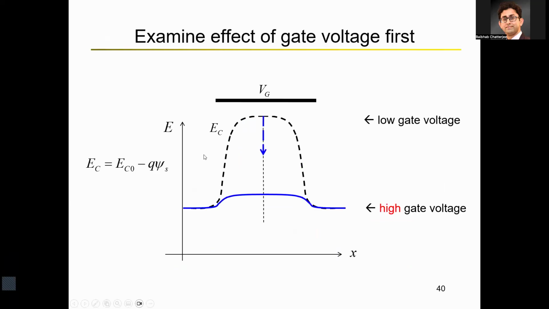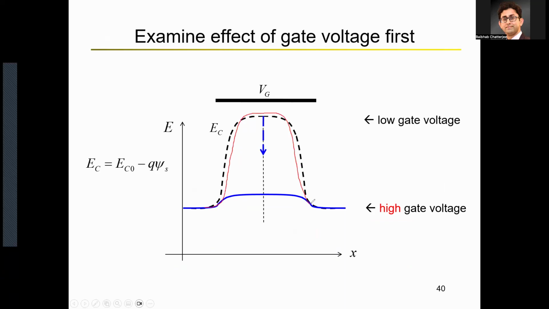Initially you had something like a high boundary wall, and then that boundary wall comes down and becomes a low barrier, right? So if you have an electron on this side, what is easier for the electron: to jump up and cross that barrier like this, or just roll through and cross the barrier like this? The second scenario is much easier for the electron, right? And that's what happens when you apply a positive gate voltage for the MOSFET.